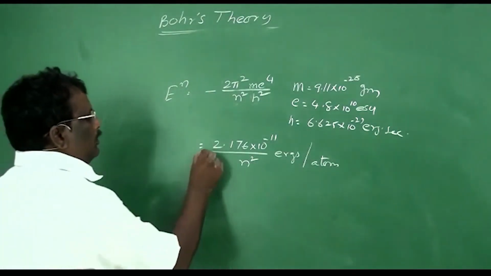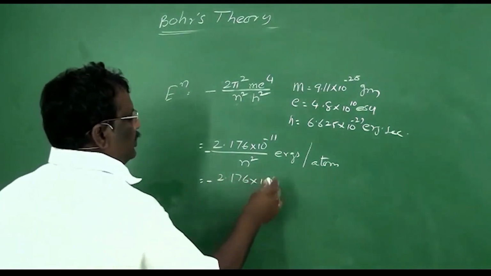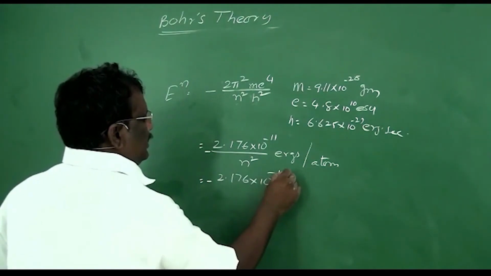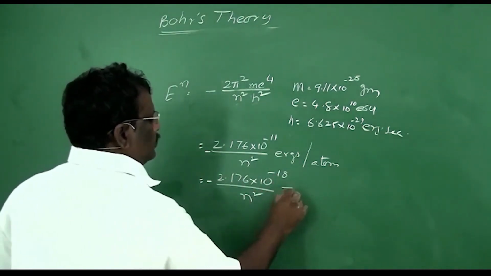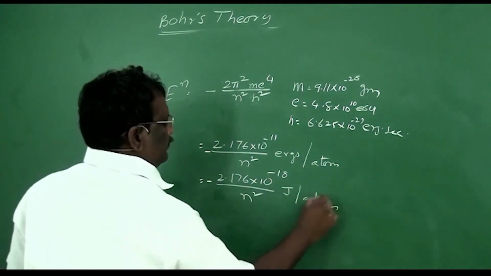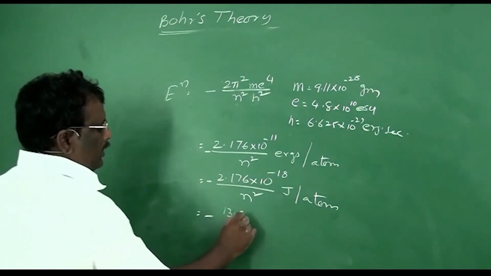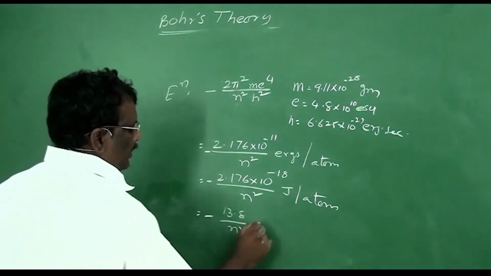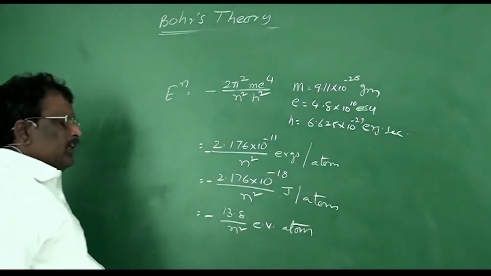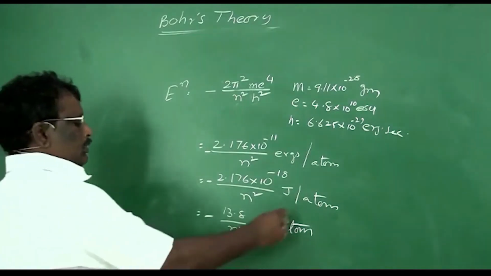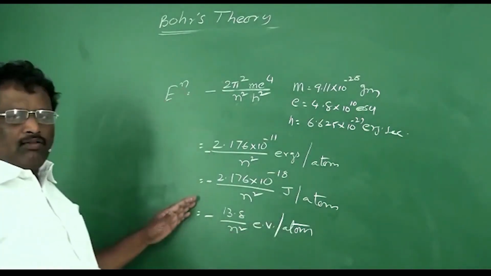Or it may be equal to minus 2.176 into 10 to the power minus 18 by n square joules per atom. Or it will be equal to minus 13.8 by n square electron volt per atom. In different units, this is the energy of the nth energy level of hydrogen.